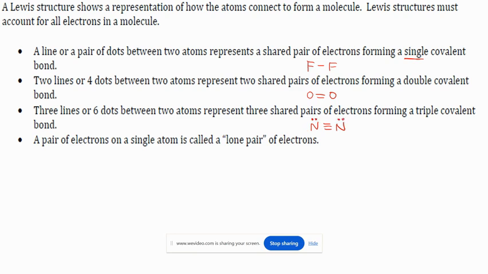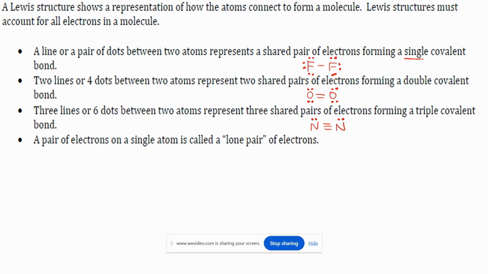Okay. You also have things called lone pairs of electrons. So they're going to form in pairs, and they're going to complete your octets for these. Because we're going for a magic number of 8 unless we're dealing with hydrogen. Hydrogen only has 2 total. Okay, so this is what those lone pairs of electrons look like. So here we have 2, 4, 6, and then this bond would be 8.